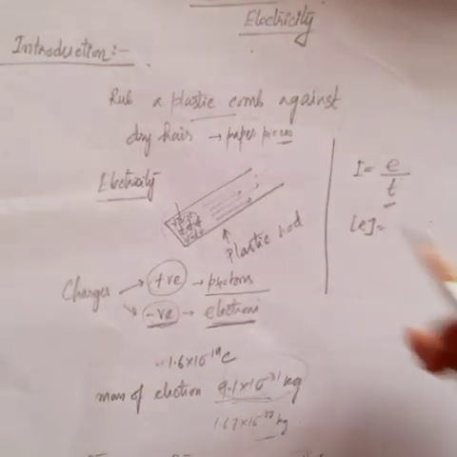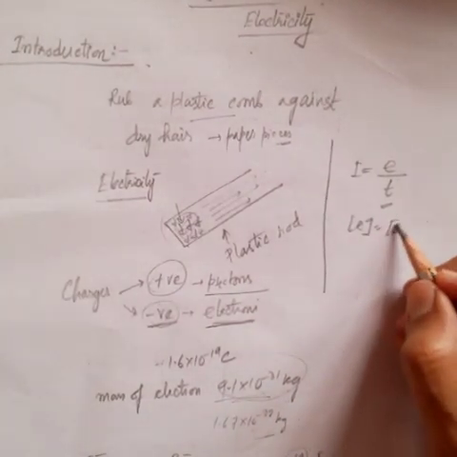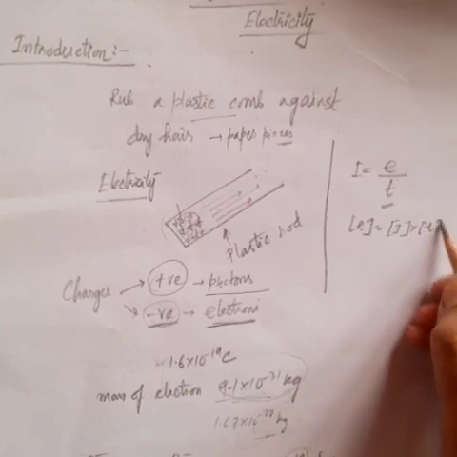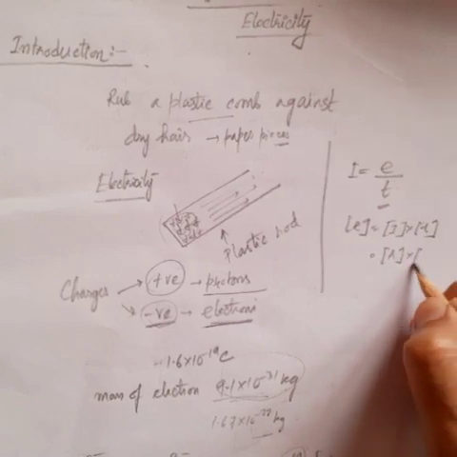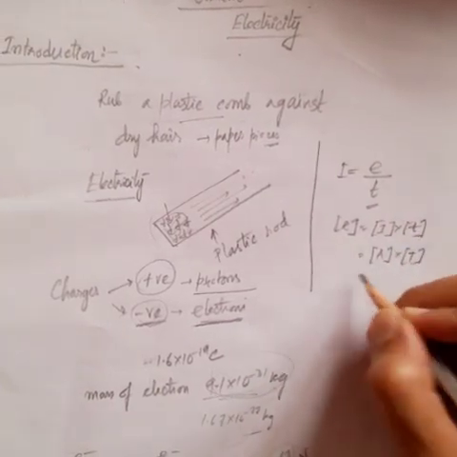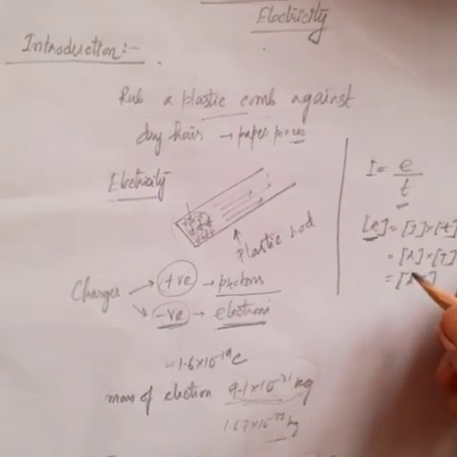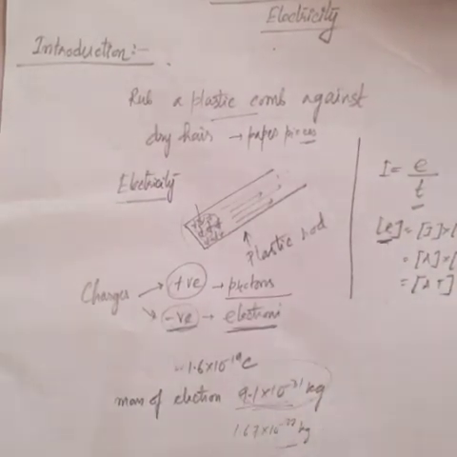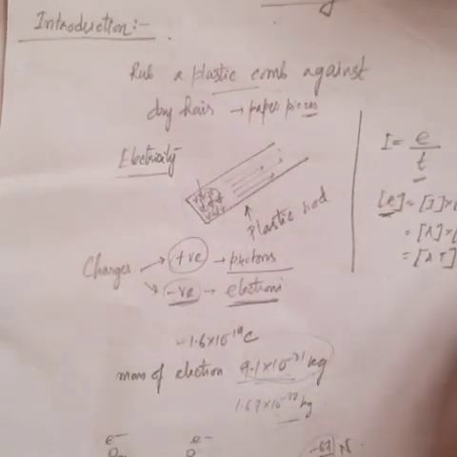To calculate the dimension you have to write the quantity within square brackets, so you get the dimension of I into the dimension of T. The dimension of I is A, and the dimension of time is capital T, so A into T is the dimensionality of the electric charge. So that is all about this introductory part.